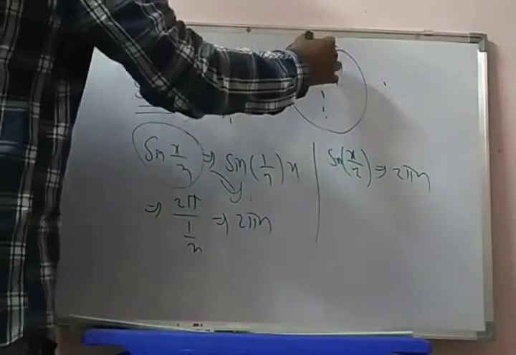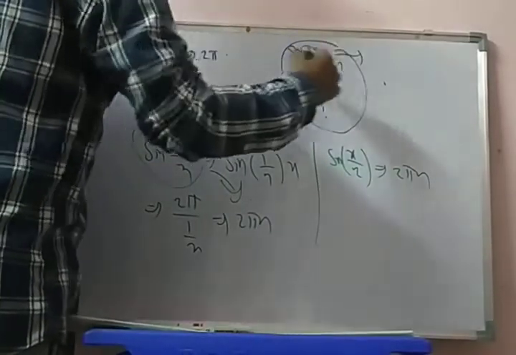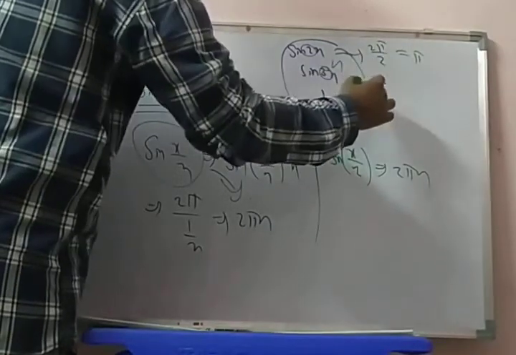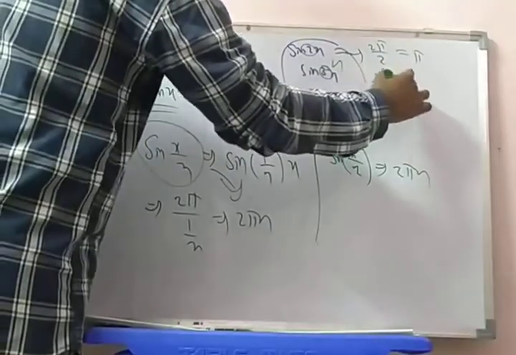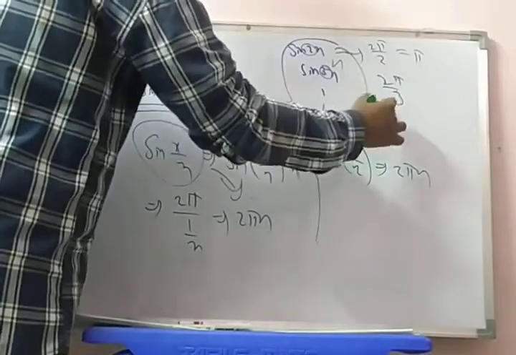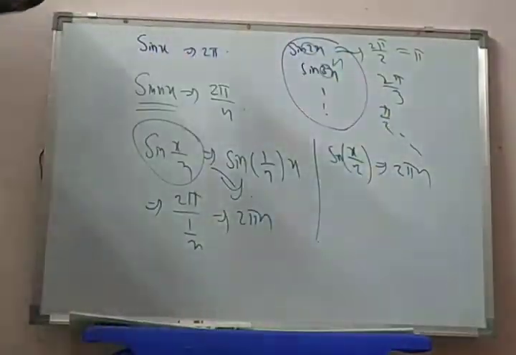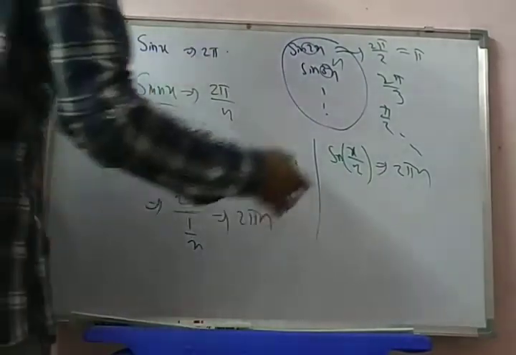For sin 2x the period is 2 pi by 2, that is pi. For sin 3x it is 2 pi by 3. For sin 4x it is pi by 2. Like this we can calculate the period of sin 2x, 3x, 4x and so on.